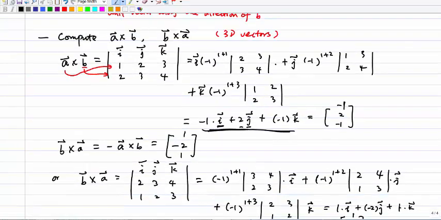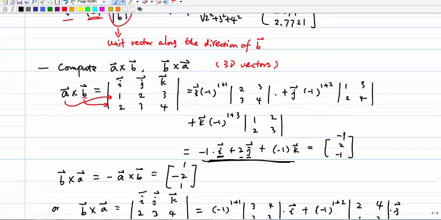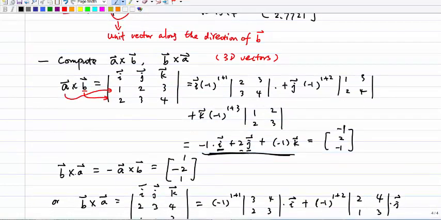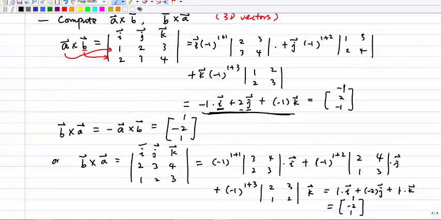So in terms of B cross A, if you remember in the class, I mentioned B cross A is just the negative of A cross B. So you can use the property directly, telling me that this just flips the sign of the vector. It's 1, -2, 1. Of course, you can also compute B cross A by using the same way I did over here. You still put the I and J and K as the first row.